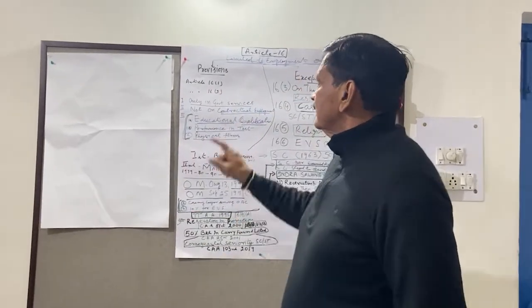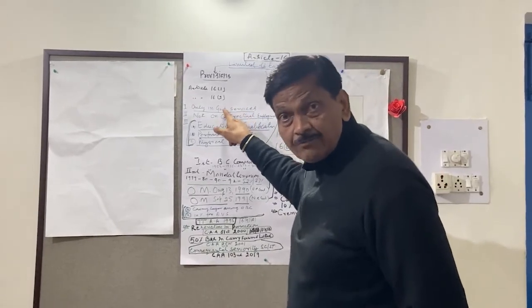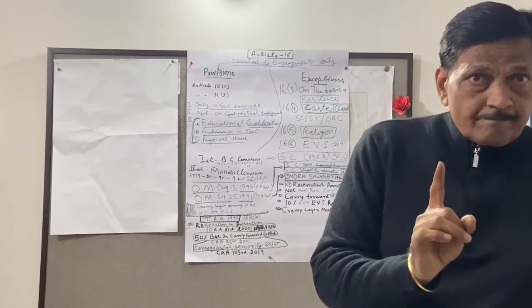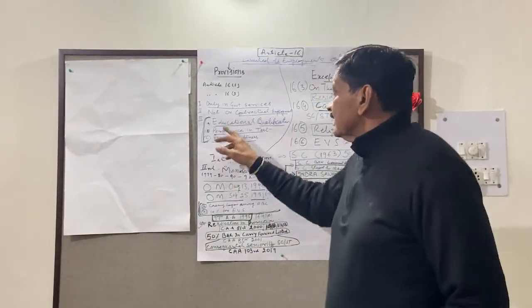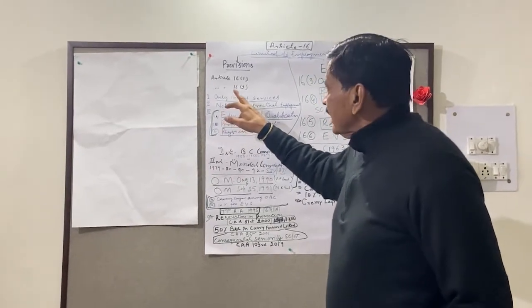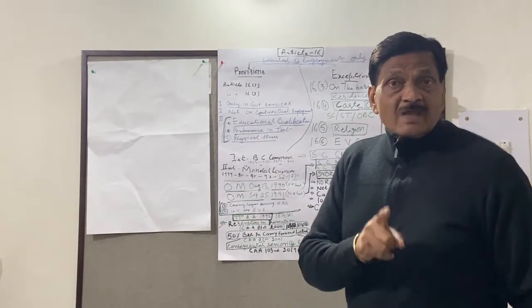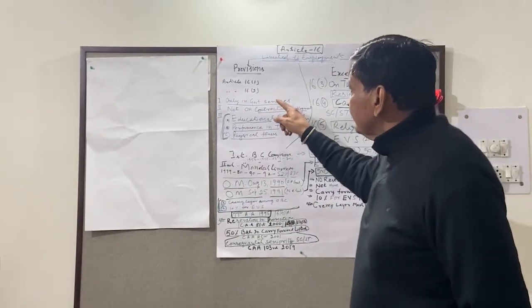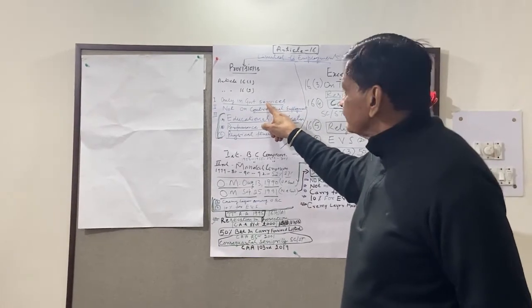Number one, this article is dealing with only citizens of India. It is not applicable to foreigners. Secondly, the provisions of Article 16(1) are applicable only in government services. Hence, it has limitations in that it is not applicable in private concerns.